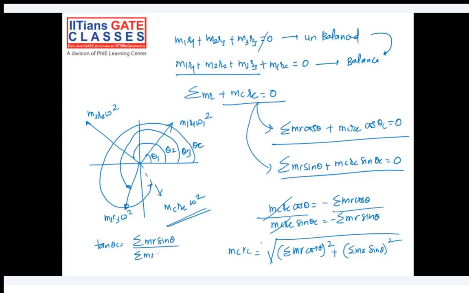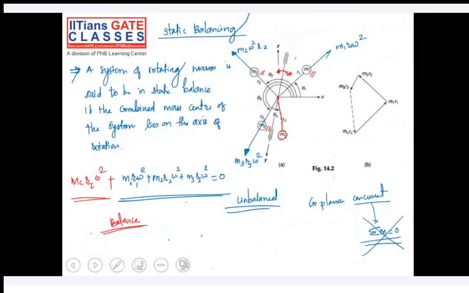Okay, so that's how I will calculate the tan of theta c. Is it clear? So in this way you will be able to calculate the mass of this counterweight, rc of the counterweight, and the theta c of the counterweight. So these are the three things which are very important to balance the system.